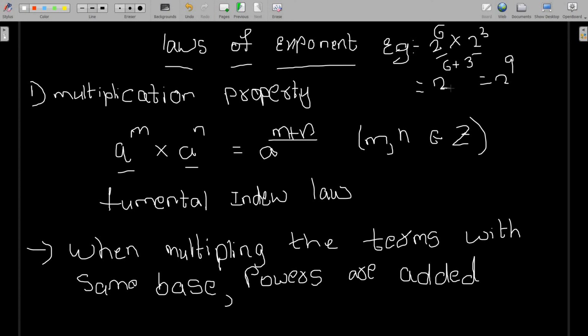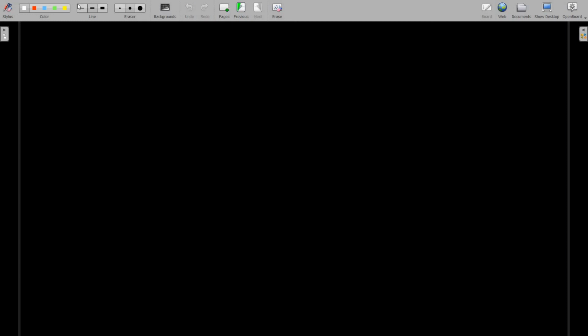You people got my point. If you have any doubts in this statement or in the property, please write in the comment box. Now we will see how a power m into a power n equals a power m plus n. I am writing the proof on the next page.